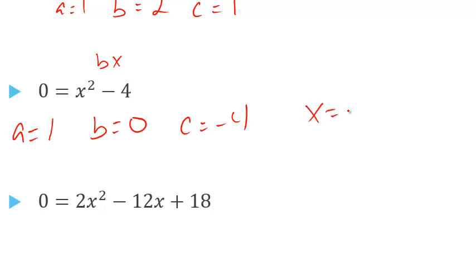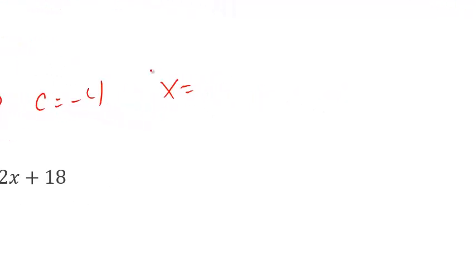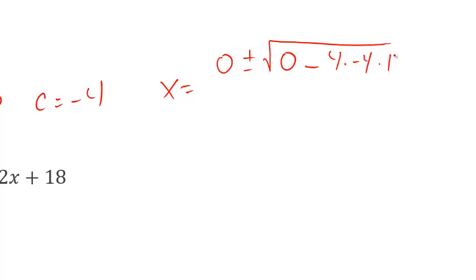So x equals negative b, so 0, plus or minus the square root of b squared is 0, minus 4 times a times c, which is 4 times negative 4 times 1, or 4 times 1 times negative 4, whatever, all over 2a, a is 1, so all over 2.